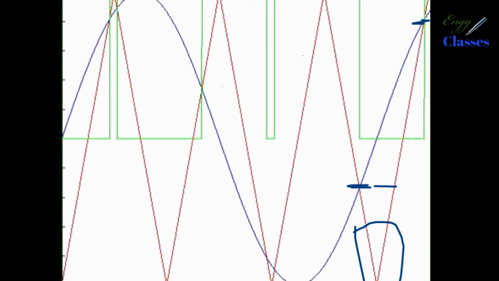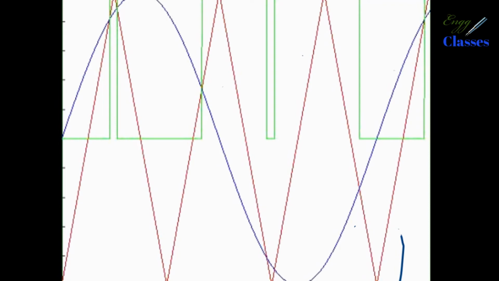That is the reason why the amplitude of the trigger pulse is set to 0. So, like this, we can understand that based upon the instantaneous values of the modulating signal and carrier signal, the width of the pulses that are generated is going to change.